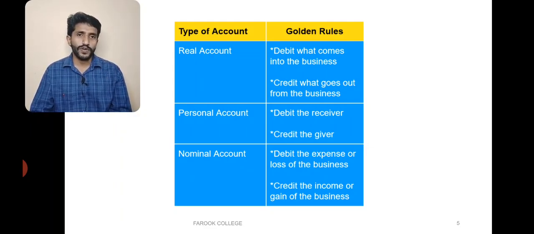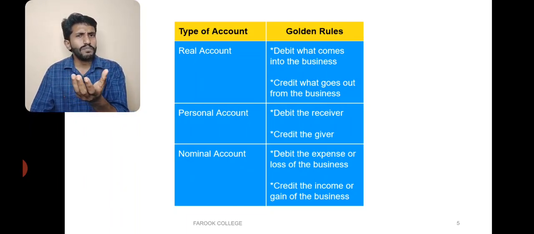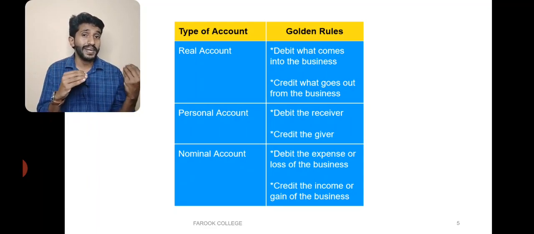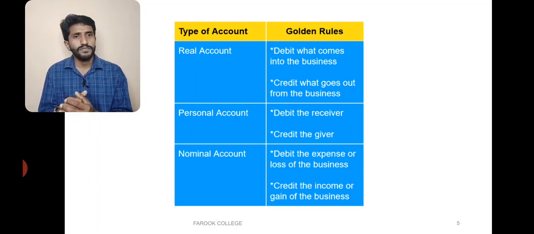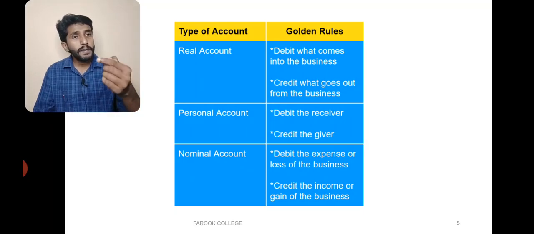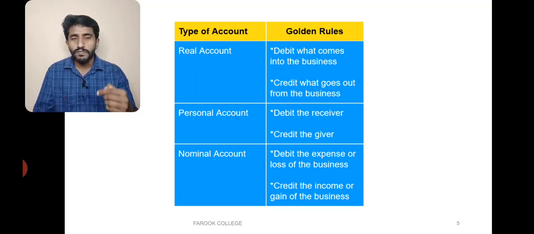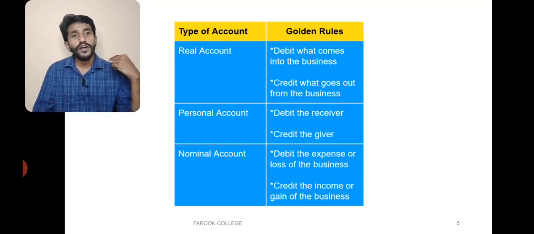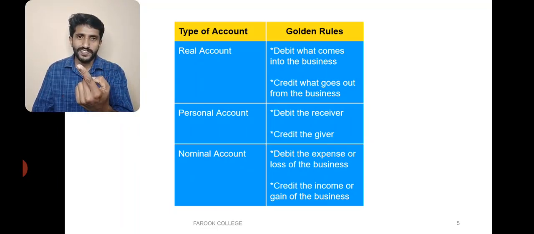The real account means any tangible item or commodity, export goods or import goods. These are the real items, not nominal, not in money terms. For the real account, debit what comes into the business, but credit what goes out from the business.